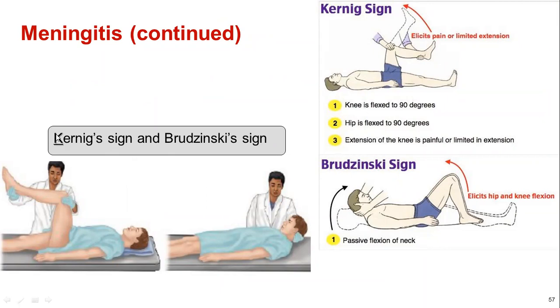Kernig sign starts with K and knee starts with K. So the hip is flexed to 90 degrees and the knee is flexed to 90 degrees, with one hand over the knee and the other hand just behind the Achilles tendon. If the patient extends the knee, it will be painful.